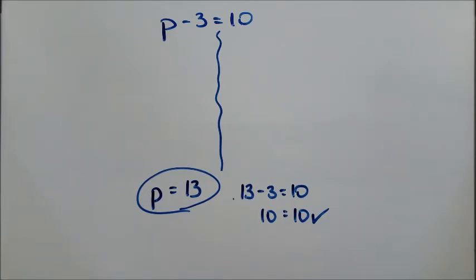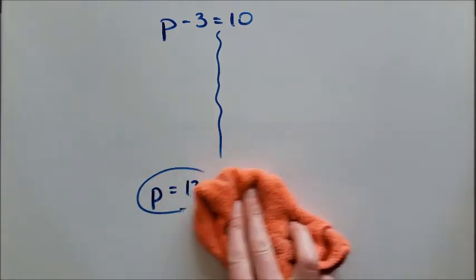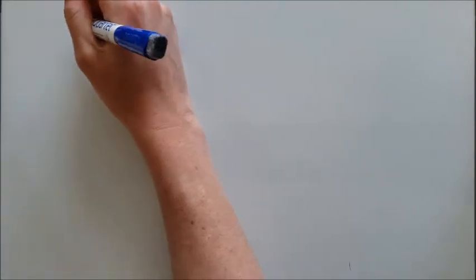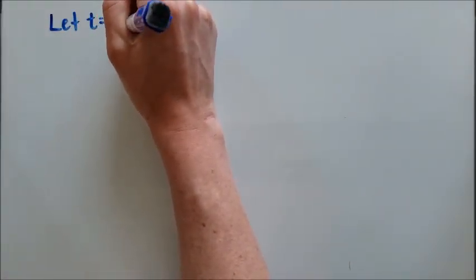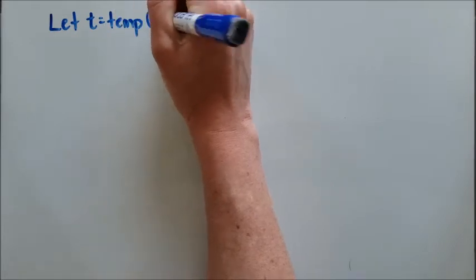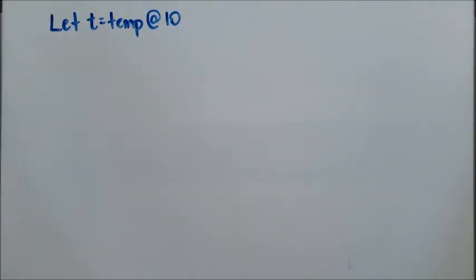What was the temperature at 10 a.m.? So we're going to start by writing an equation. At 10 a.m., I don't know what temperature it was. So I'm going to say, let T equal the temp at 10 a.m.